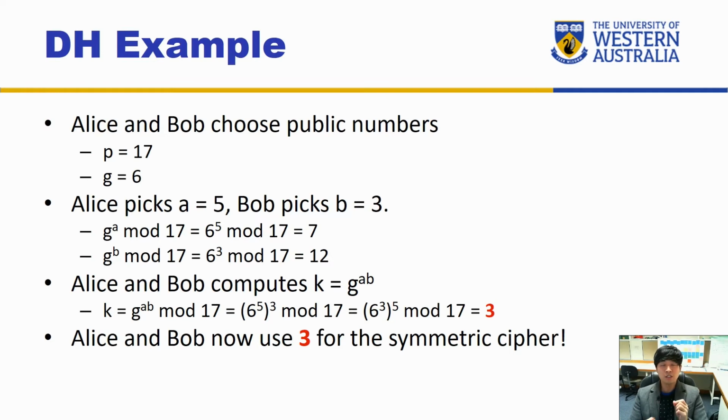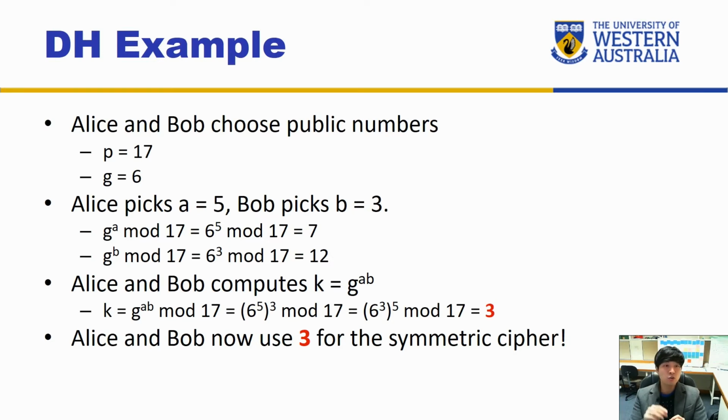Okay, and they exchange, so Alice sends 7 and Bob sends 12. So Alice and Bob now compute K, which is G to the power of AB. From Bob's point of view, you received 7, which is 6 to the power of 5. So you raise it to the power of 3.